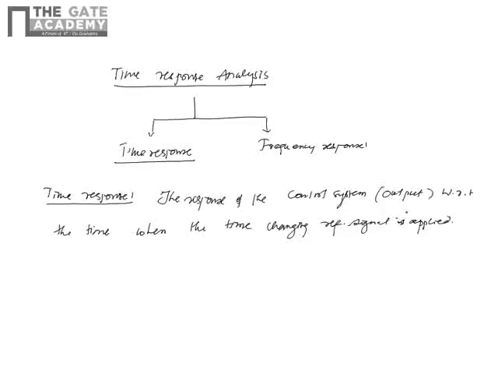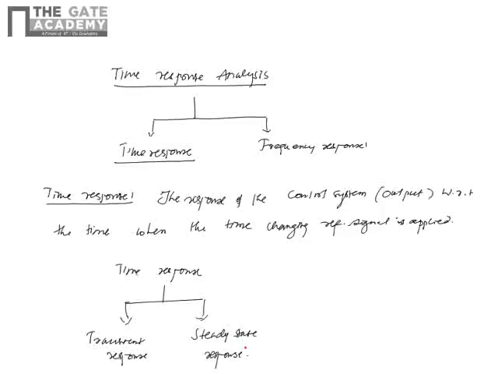Now the time response has two parts. One is the transient response, and the other one is the steady state response. Suppose you draw the graph representation, with C of t as the output and t as the variable. This is the system response.